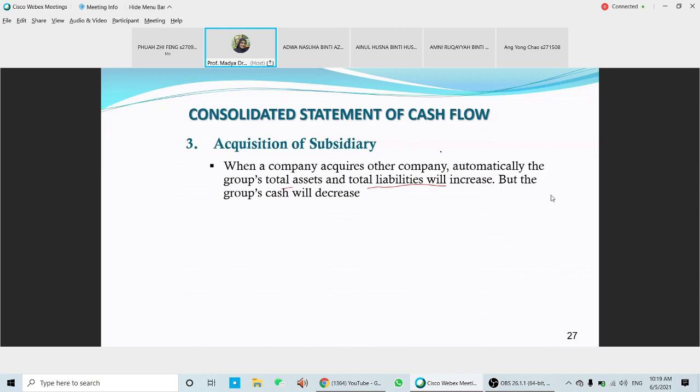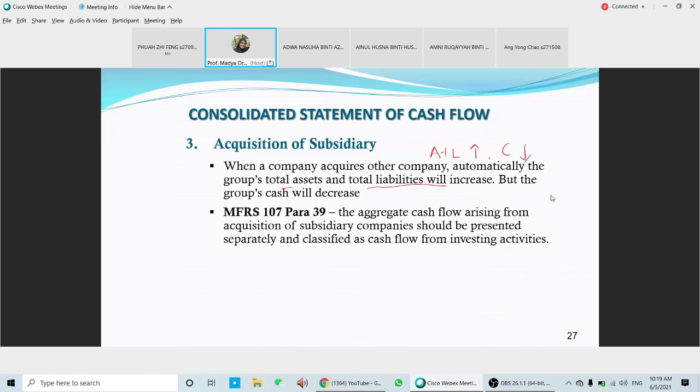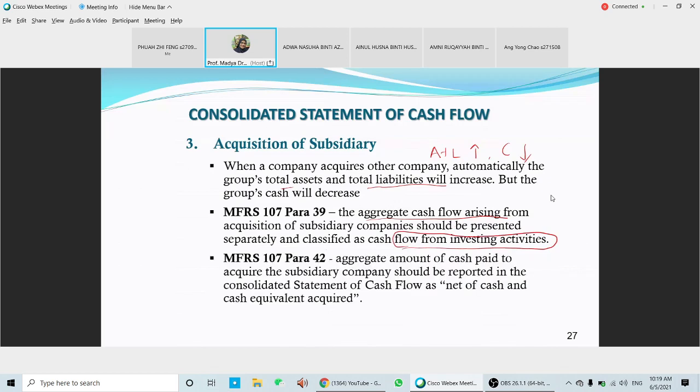The standard mentions that the aggregate cash flow arising from acquisitions of subsidiary companies should be presented separately and classified as cash flow from investing activity. The aggregate amount of cash paid to acquire the subsidiary company should be reported in the consolidated statement of cash flows net of cash or cash equivalent acquired.